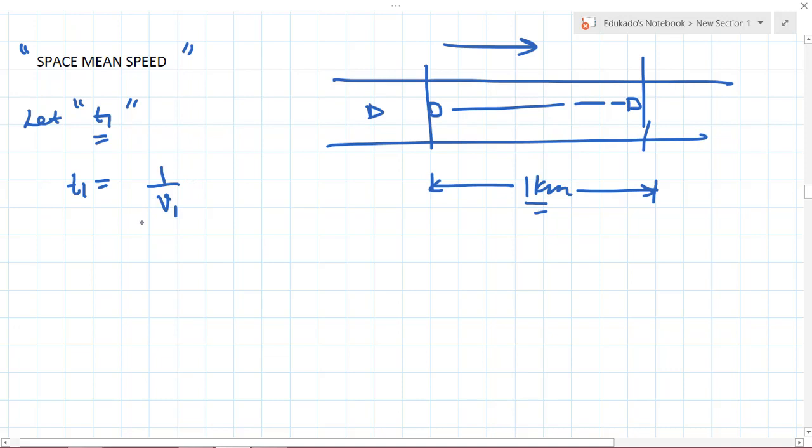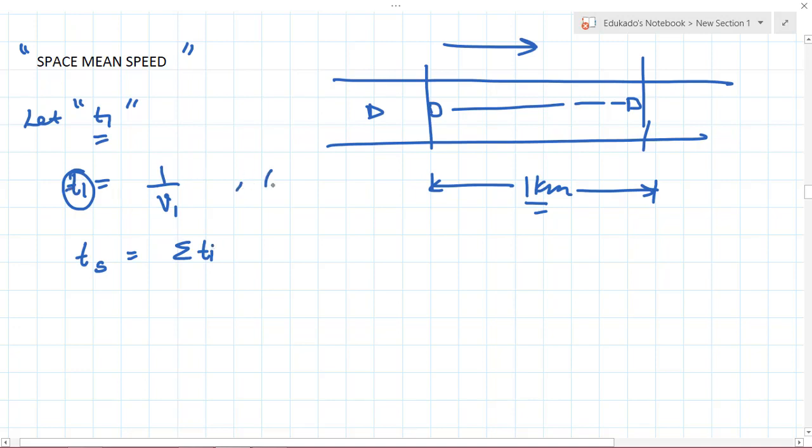Now if there are n such vehicles, then the average travel time, I can call it Ts. For the first vehicle this is T1.